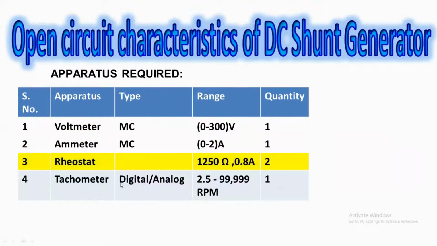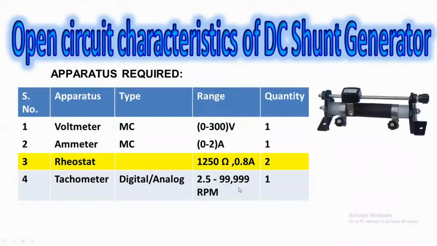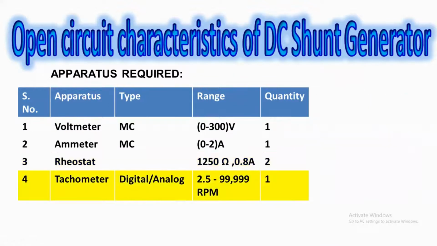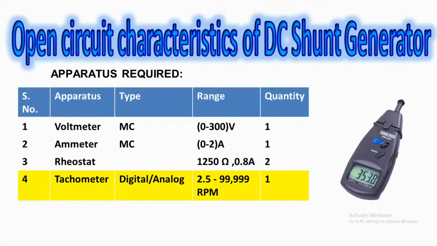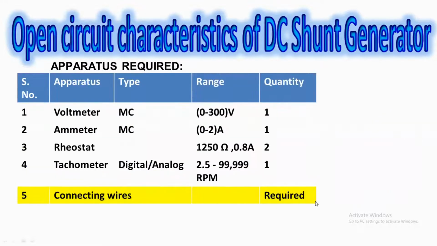Then a tachometer, a digital type tachometer, 2.5 to 99,999 RPM, required quantity 1. This is the digital tachometer. Then the required quantity of connecting wires.